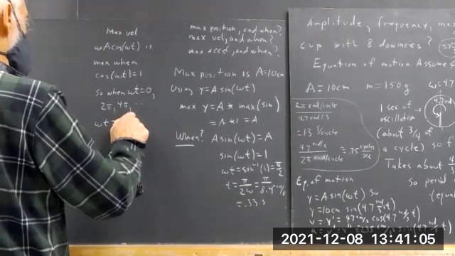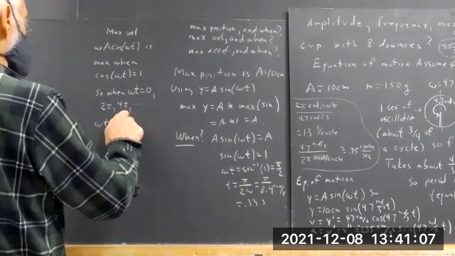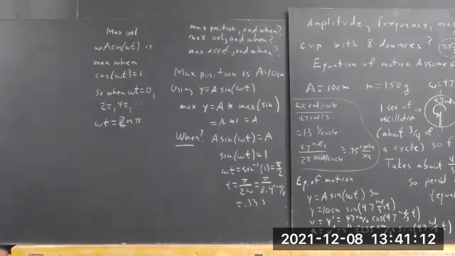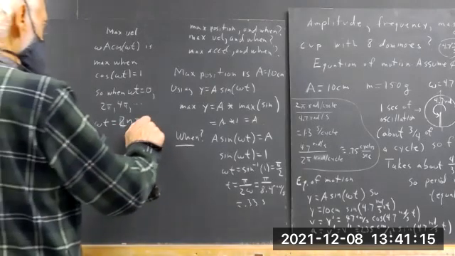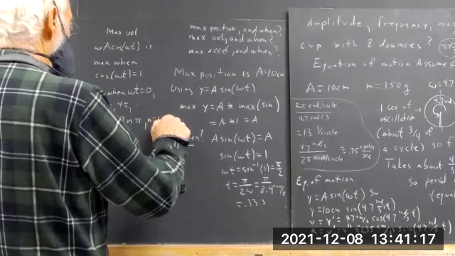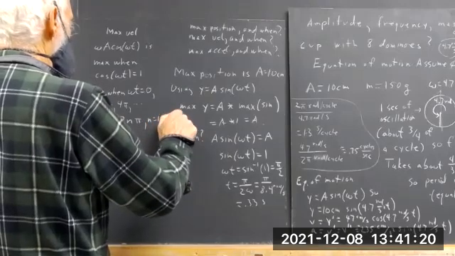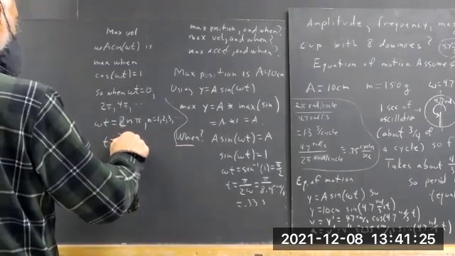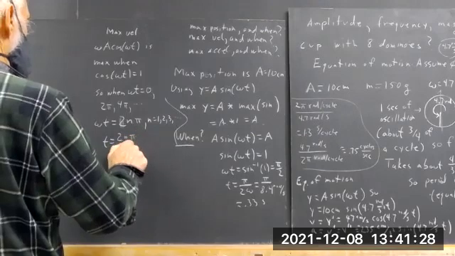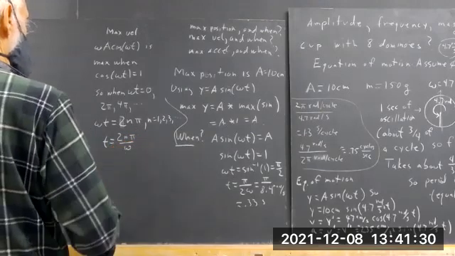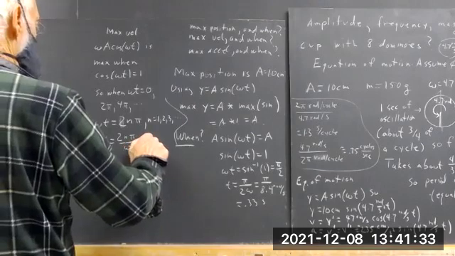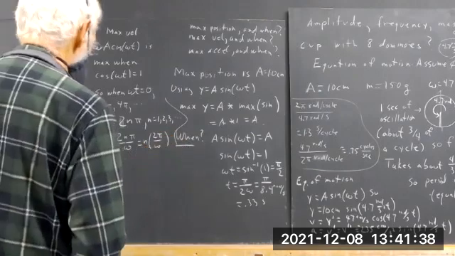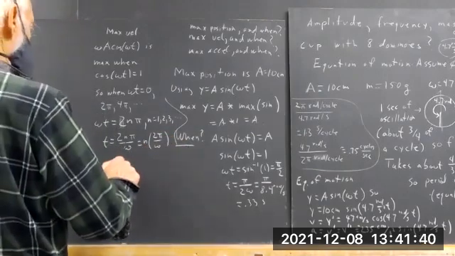Think about this. Omega t equals 2n pi, where n is 1, 2, 3, and so forth. It would then be 2n pi over omega, or n times pi over omega.